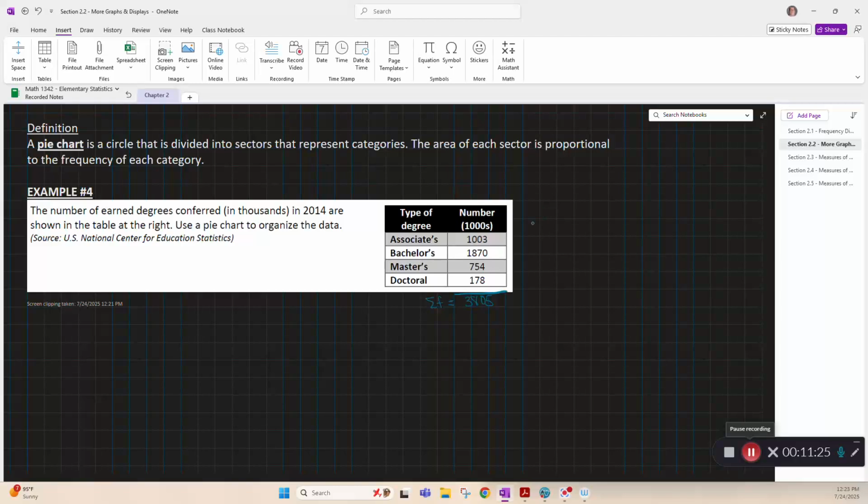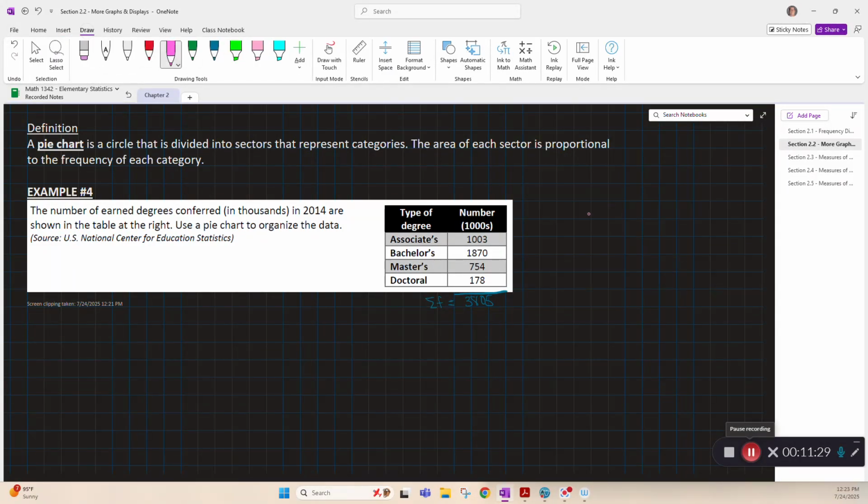So what I need to do out here is get a relative frequency. Remember back from the last section, relative frequency is the number in that category divided by how many there are total. So I need to do 1003 divided by 3805.